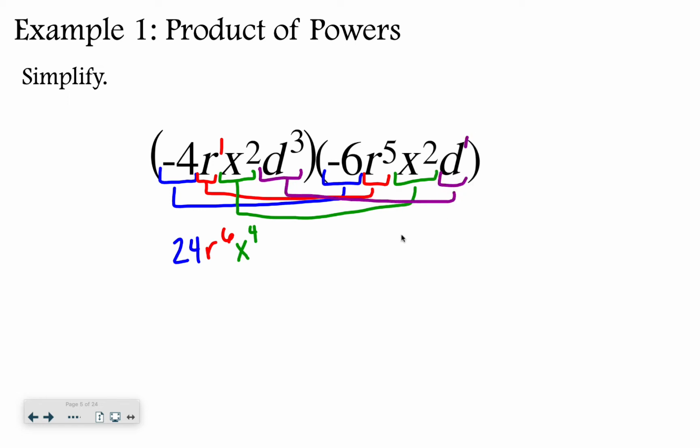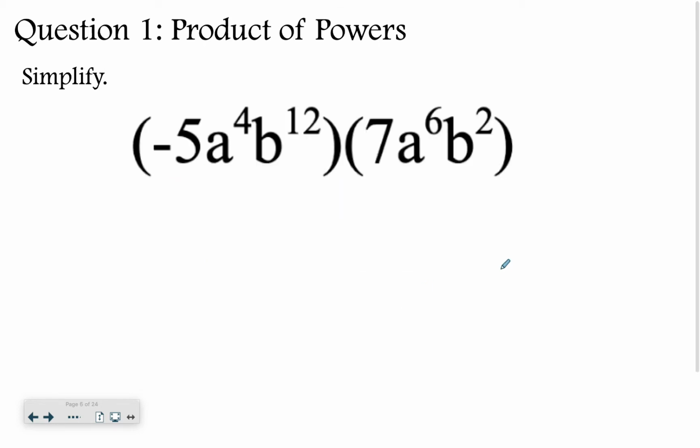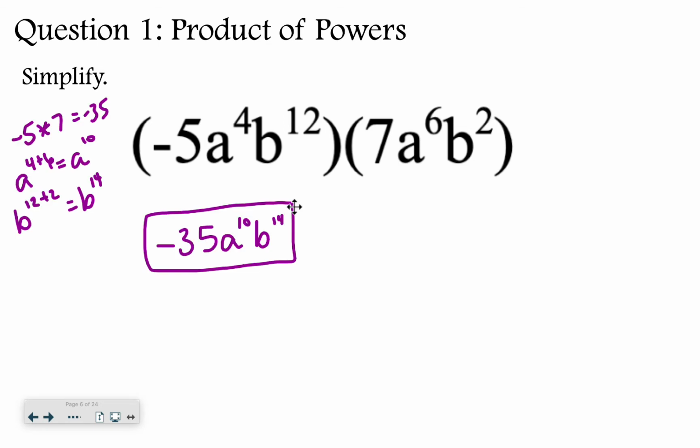Then 3 plus 1 is 4. So my answer is 24 r to the 6th, x to the 4th, and d to the 4th. All right, now I want you to try this one on your own. Good luck. Hopefully you ended up with negative 35, a to the 10th, b to the 14th.